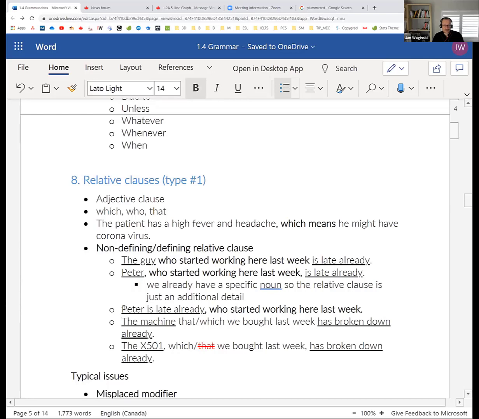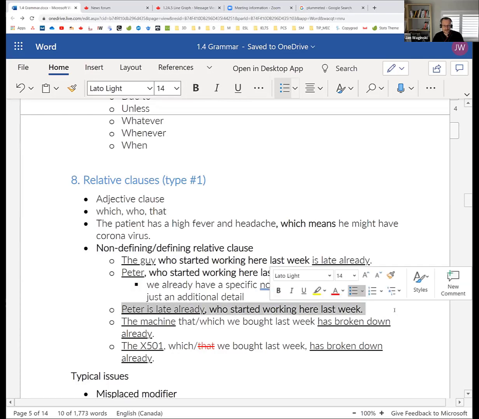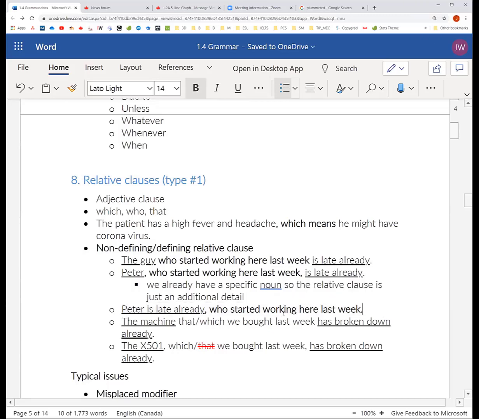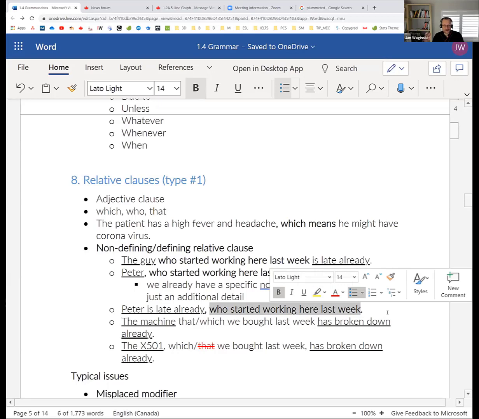A mistake I often see is something like this. Peter is late already, who started working here last week. What this means is that this modifier, this relative clause, is in the wrong place. It's in a confusing place because when people see this, just because it's been such a consistent pattern for their whole lives, their brain automatically connects the relative clause to the thing that's right before.